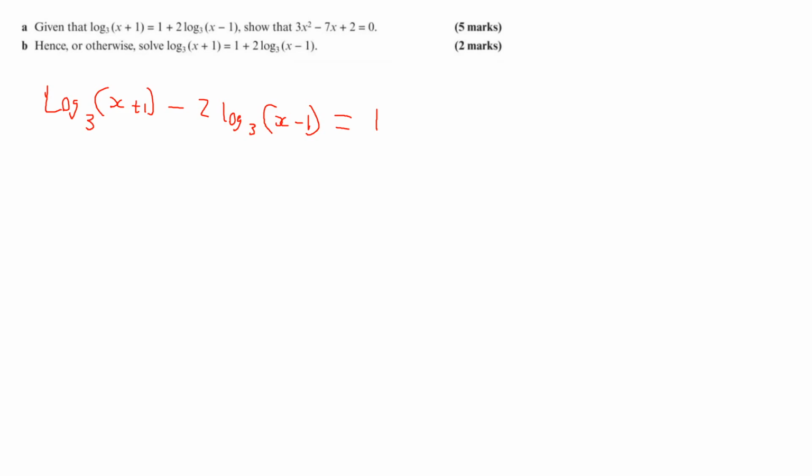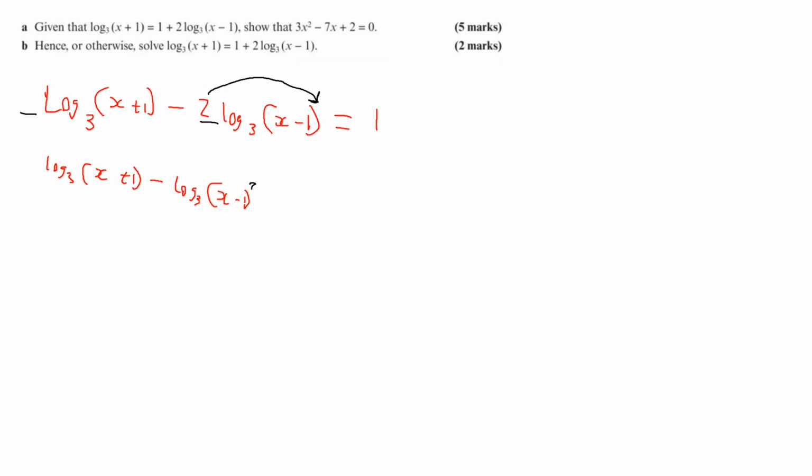There's another rule that we can use, but in order to do that, the coefficients need to be the same. Here it's 2. How can we get rid of that 2? Well, we can put it into the log. So this is log base 3 of x plus 1 minus log base 3 of x minus 1 all squared.